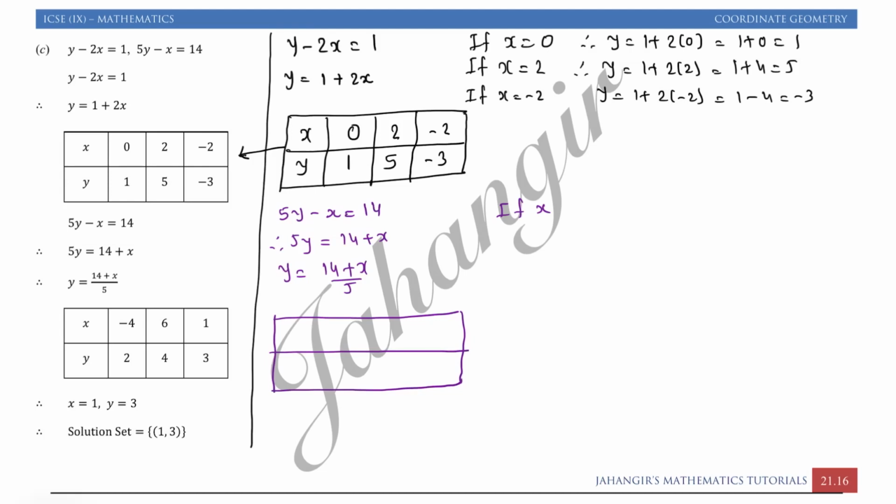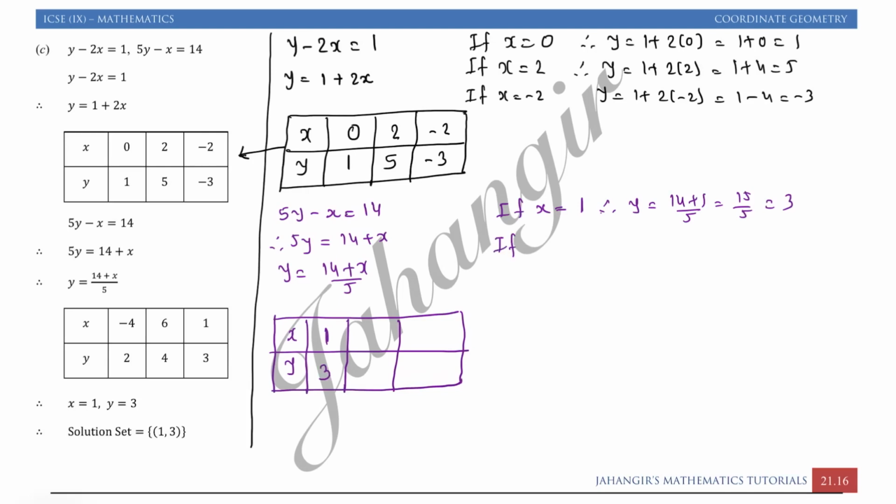So if I am taking x is equal to 1, y is equal to 14 plus 1 upon 5, that is 15 by 5, which is 3. x, y, if x is 1, y is 3.